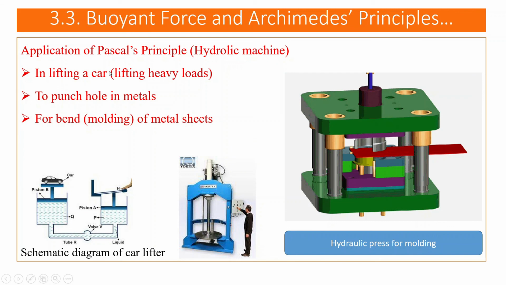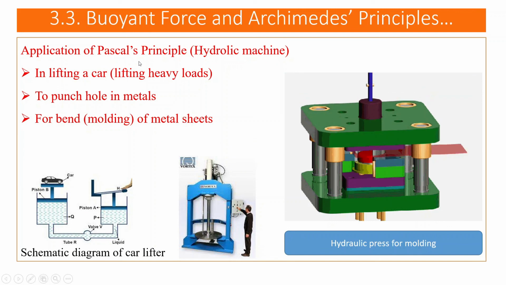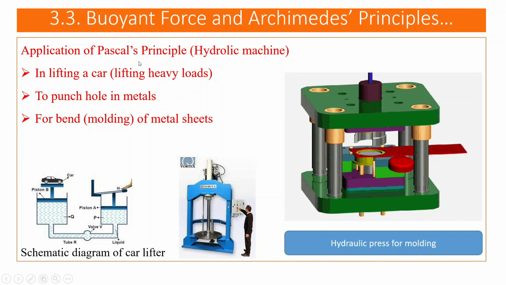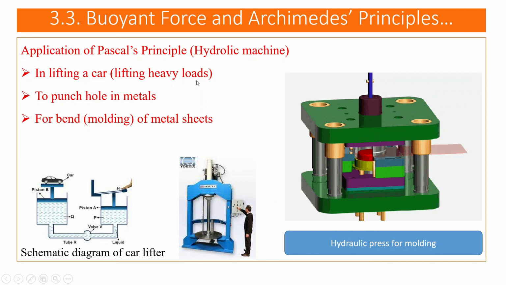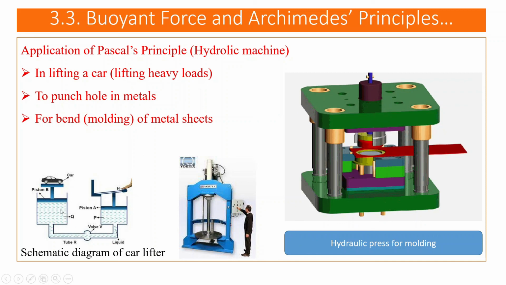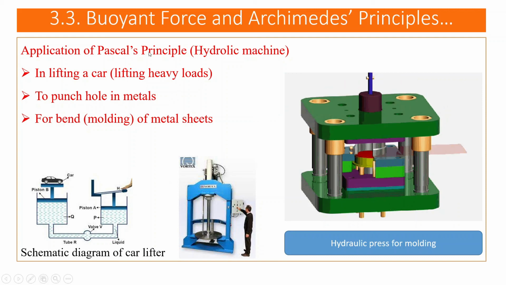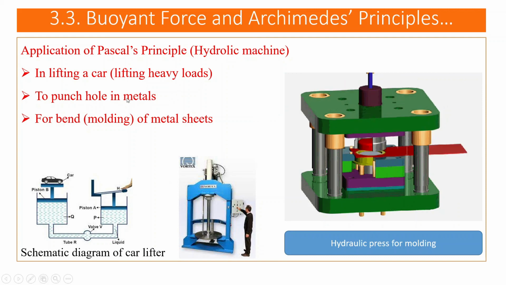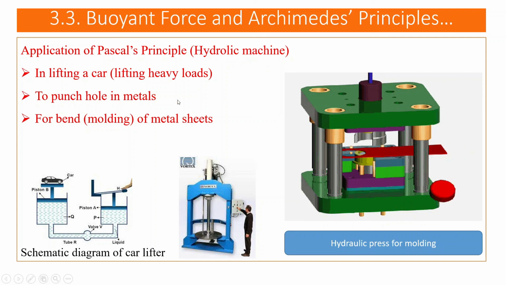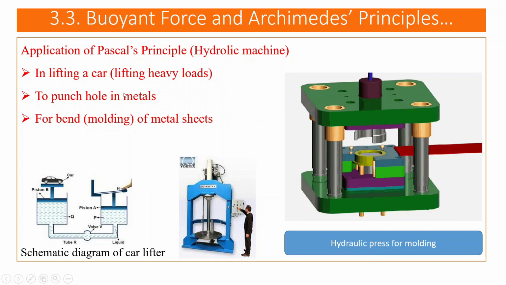Okay, the next one is the application of the Pascal principle, the hydraulic motion. It can be applied in lifting a car or lifting heavy loads like this one. The second one is to punch a hole in metals. With hydraulic motion we can have different sizes of hole.